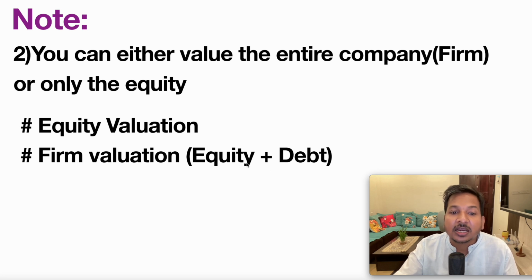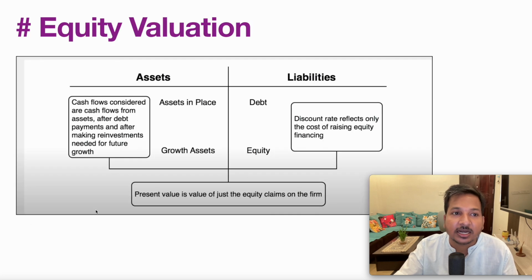So these are both ways of funding the business. So you can either value equity or the total business, equity plus debt. These are the two methods. So if you are valuing the equity, which cash flow number you have to take and which discount rate you have to take, this slide will tell that only.